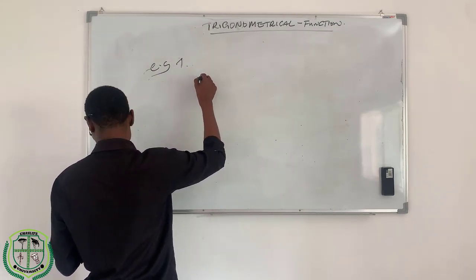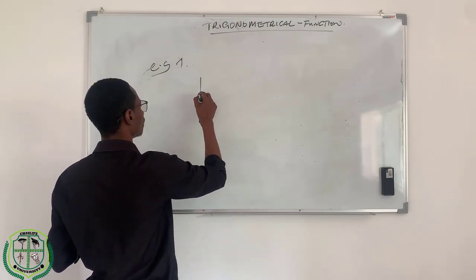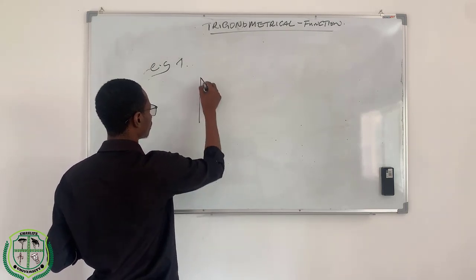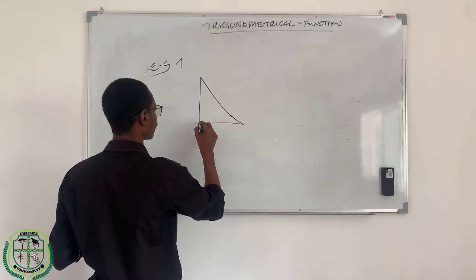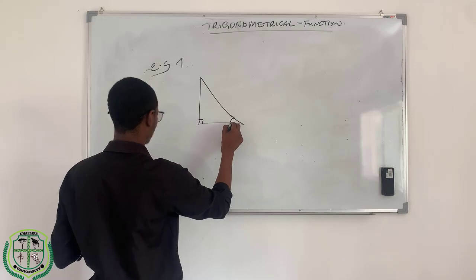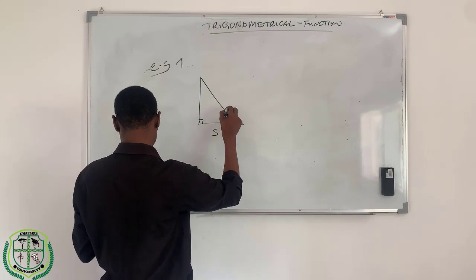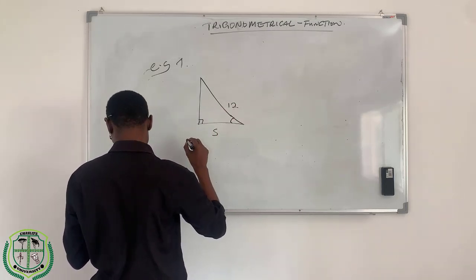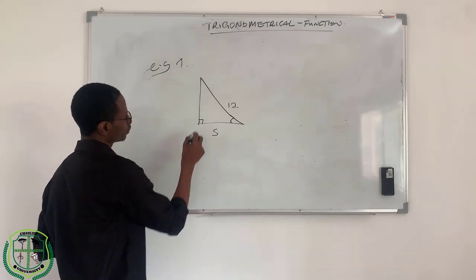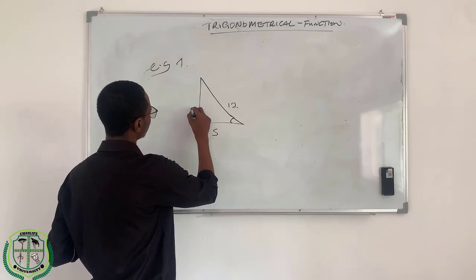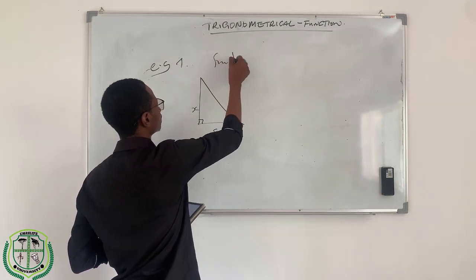If you have this angle, and we have maybe 5 here and 12 here, then the question will be: find x.